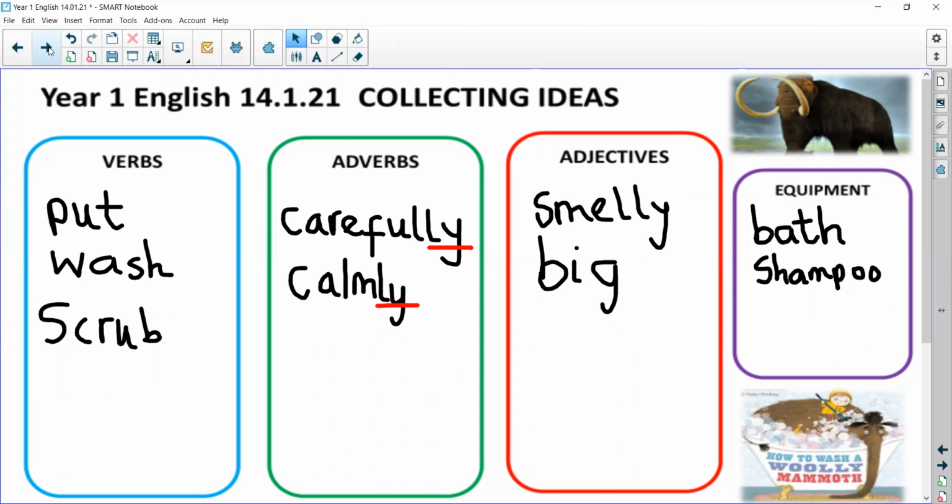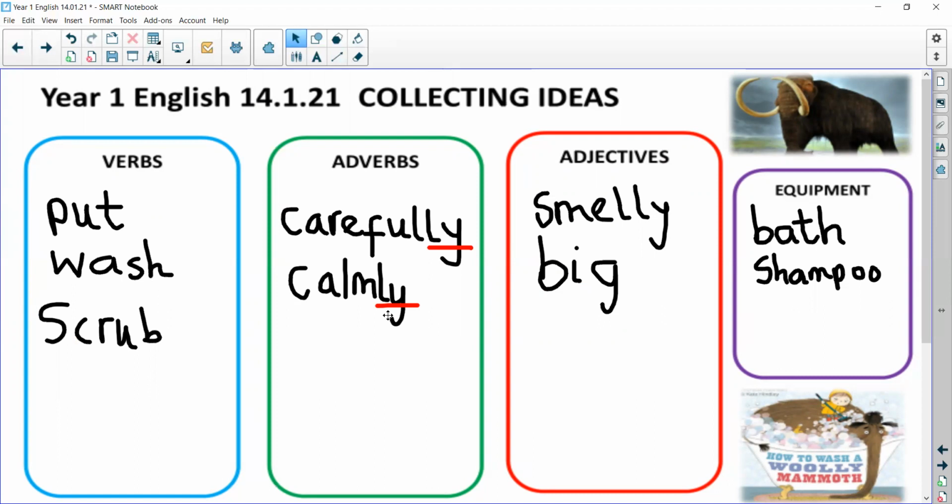So carefully scrub or calmly wash, and the adverbs go before the verbs. So if you notice with an adverb, it ends in an ly. So that's a clue when you are thinking about what adverbs you might use to describe your verbs. If it ends in an ly, it'll probably be an adverb.